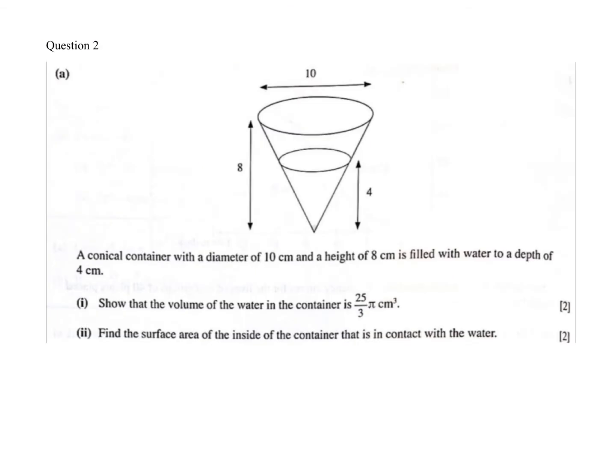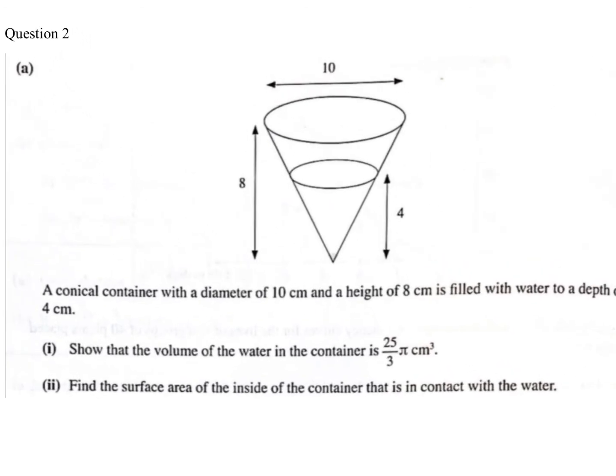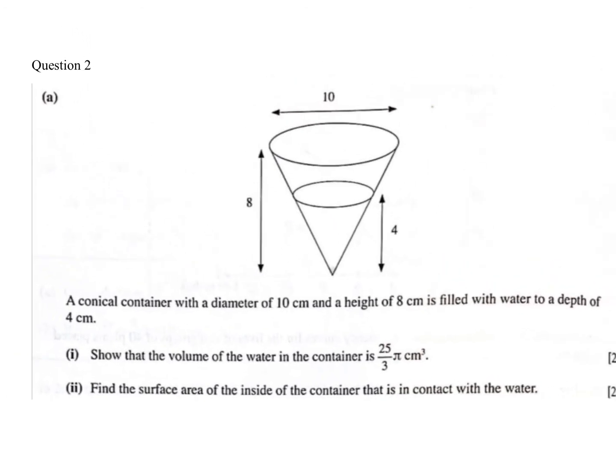Next question, question number 2. A conical container has a diameter of 10 cm. Usually when we find different formulas for cylinder or cone or whichever, we'll use the radius. So in this case, the radius is 5. I'll just draw another one.